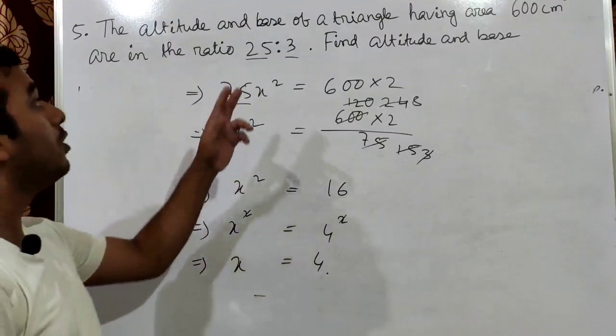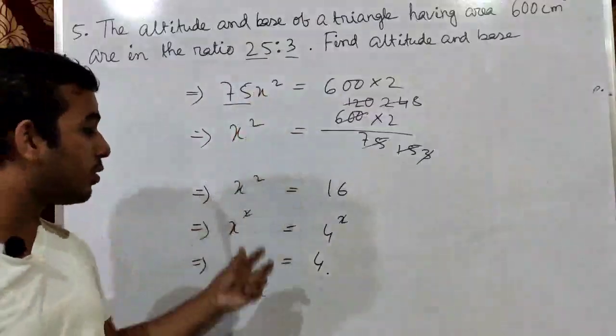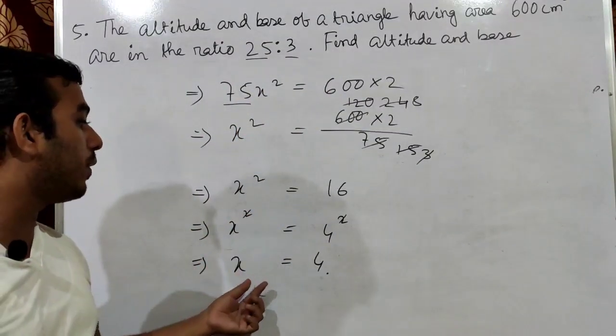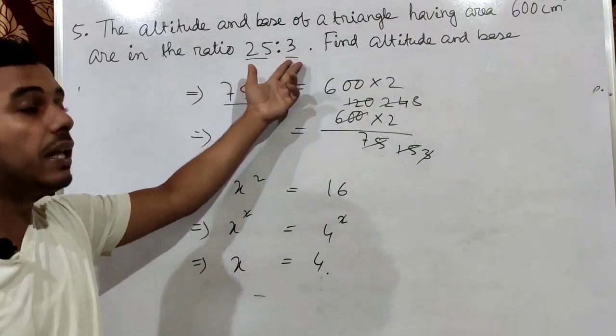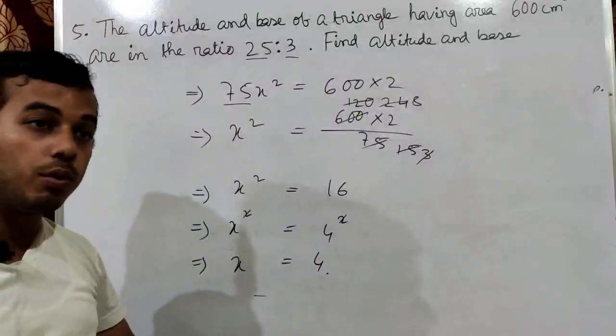Now our altitude was 25x, so we will multiply 25 with 4, and base was 3x, so it will be 3 into 4.